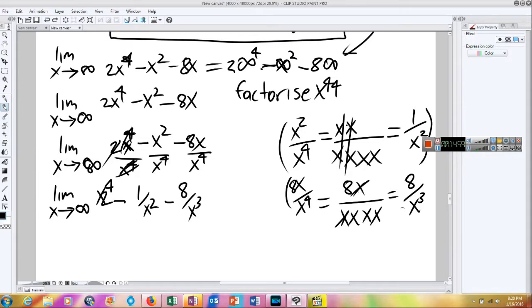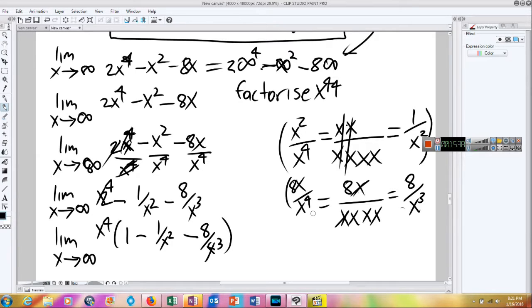So we're going to have another step saying limit x tends to infinity for the function x to the fourth power, bracket, 1 minus 1 divided by x to the second power minus 8 divided by x to the third power, and now we can continue that way.